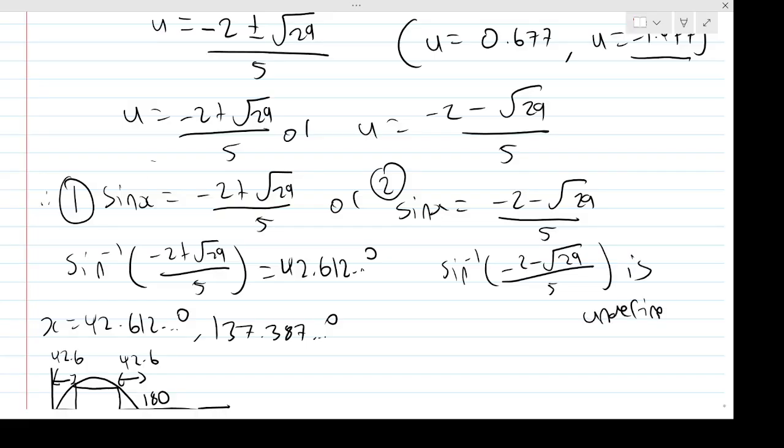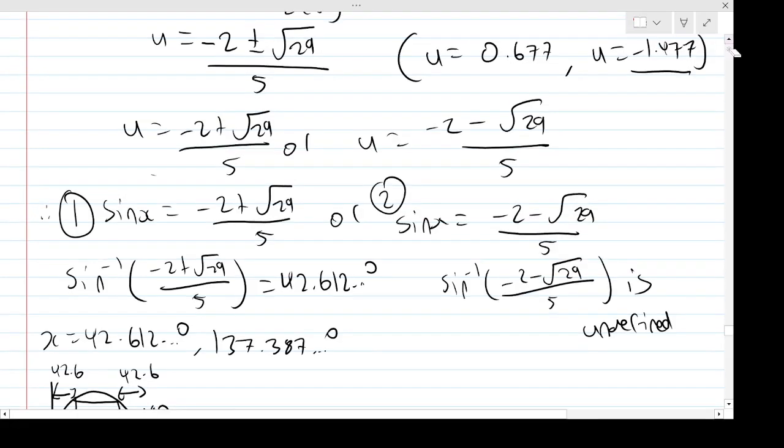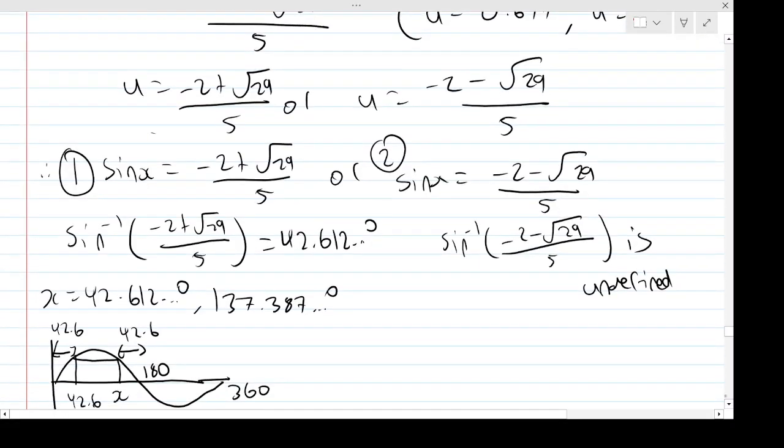But why is it undefined? So we can't solve it, but why is it undefined? Well, this minus 1.47 is less than minus 1, right? If we consider the sine graph, remember, last time we talked about when we ran into this problem, its maximum was 1. So when we said it was 2, there were no solutions, because it can't be above 1.